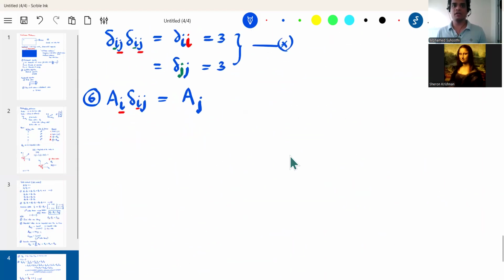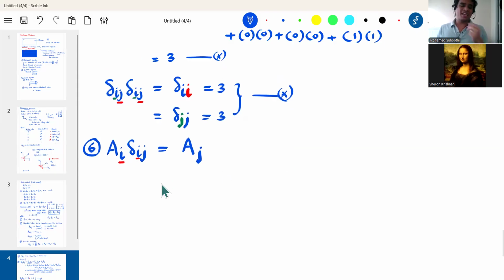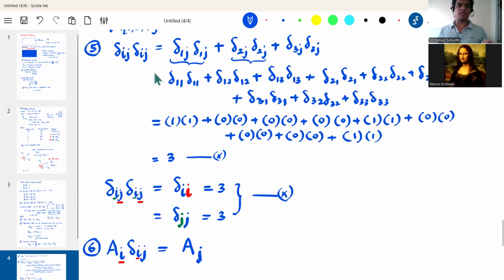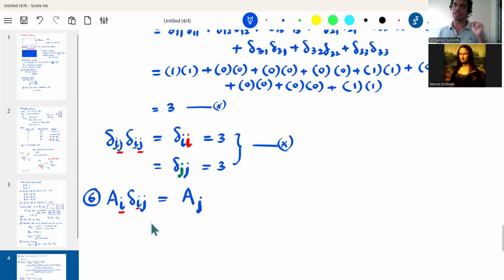It's a vector. Then again, it's kind of a practice I am telling you. If you want to understand this further, you can expand it using my approach. If you expand this, you will end up with a vector. That means you will end up with capital A1, A2, A3.